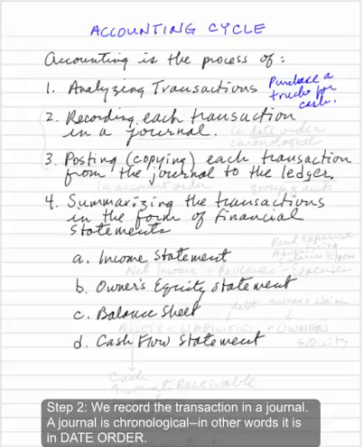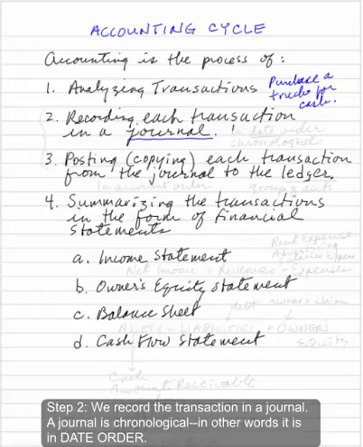Now, after you buy this truck, you have to record that transaction, and there's a specific place we record it. It's in a journal. A journal is, well, you could think of it as a book. That's the way your textbook will present it. And the thing you have to remember about the journal is it's organized by date.